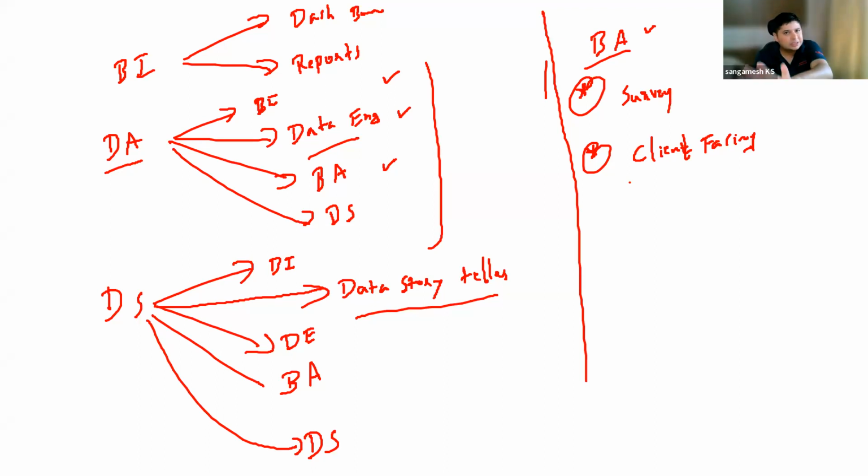So many organizations are using business analysts for these kinds of things. And along with that, in my organization, a business analyst was a kind of mediator between the data scientists, because I hope many people know that I worked as a data scientist. In my organization, there was a lady from Andhra. Her name was Asha.